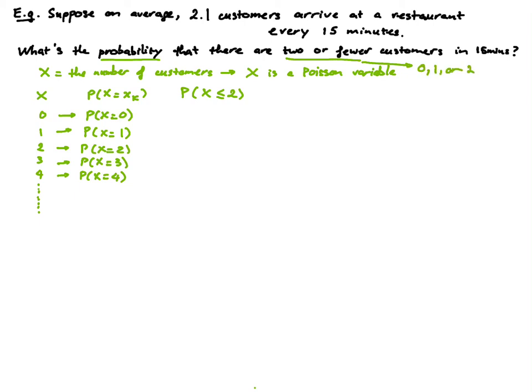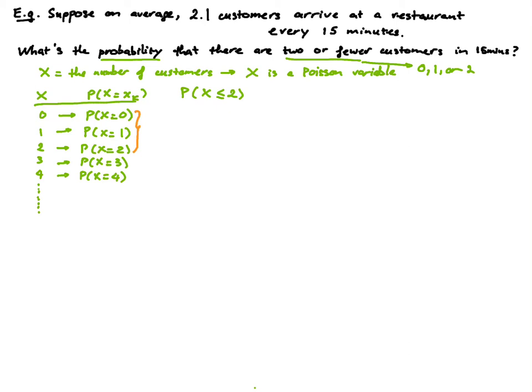In other words, if you go to the probability distribution table, we're interested in this range of numbers, where x is 0, x is 1, and x is 2.